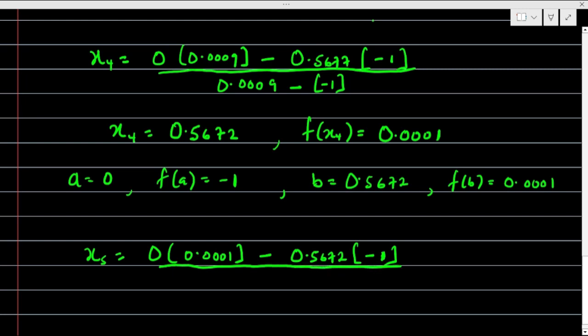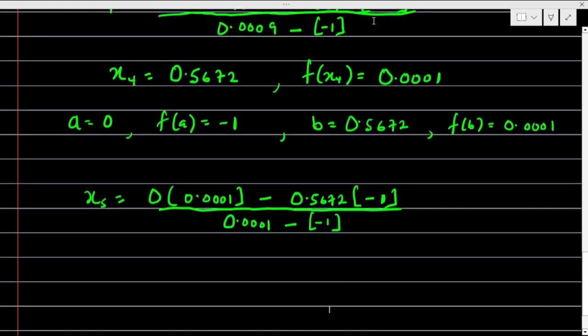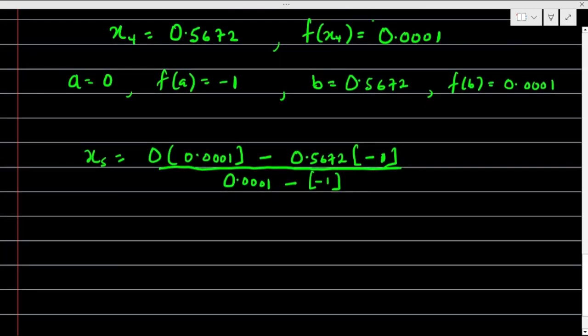Everything over f of b, which is 0.0001 minus, into brackets, minus 1. So if we punch this on our calculator, x5 will be equal to 0.5671.